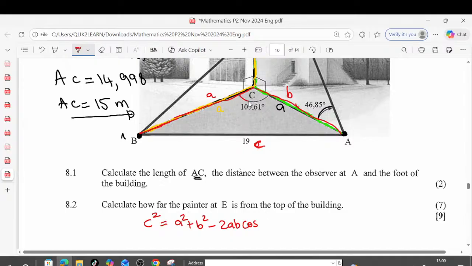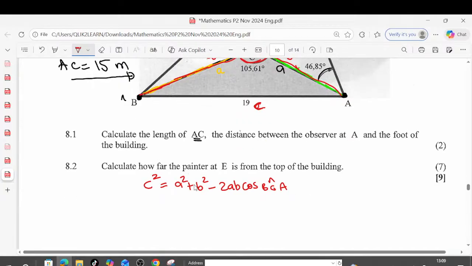This angle here, because we are using a small c, we need to use the included angle. This will be angle BCA. So if we substitute, we know that the small c is AB, and this is squared, it equals small a.